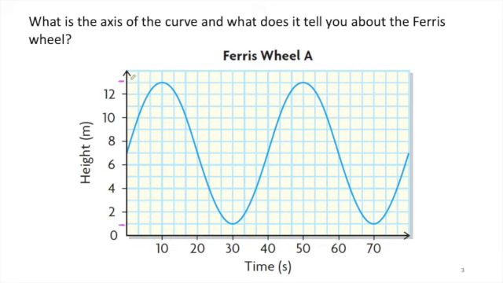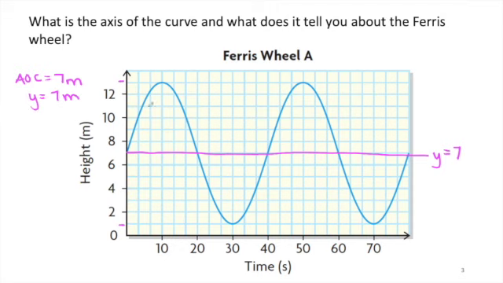So the difference between 13 and 1 is 12. 12 divided by 2 is 6, so go up 6. So 1, 2, 3, 4, 5, 6. And you're going to be able to draw a line there at y is equal to 7. Okay, so the axis of your curve is y equals 7 meters.